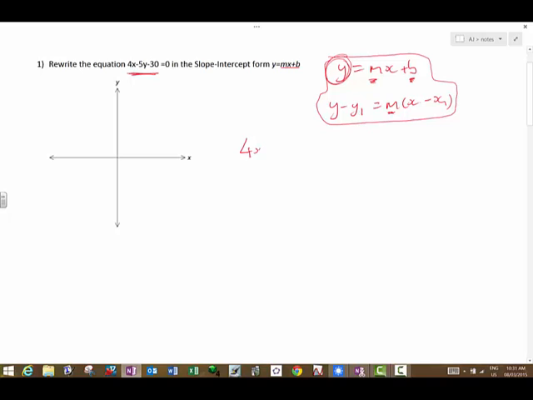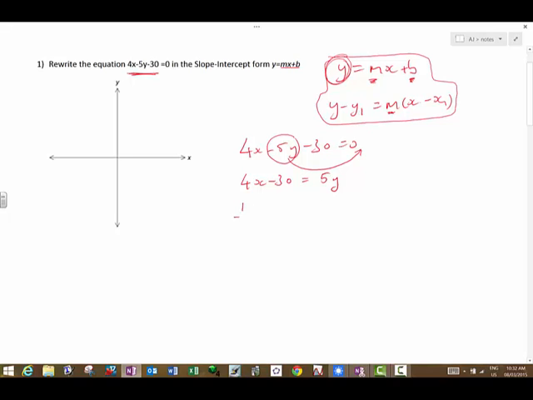So in our example, 4x minus 5y minus 30 equals 0, we really need to get y by itself and indeed the y positive. So let's move the minus 5y onto the right hand side. This gives us 4x minus 30 is equal to plus 5y, and then we don't want 5y, we want y, so let's divide everything by 5.